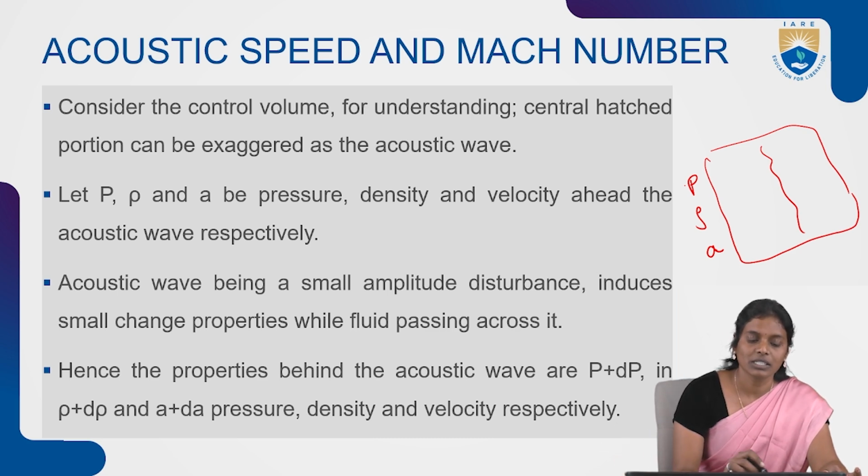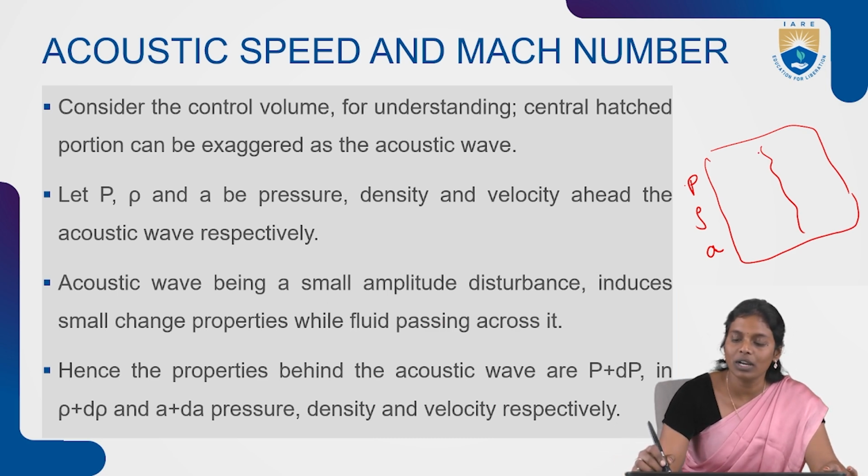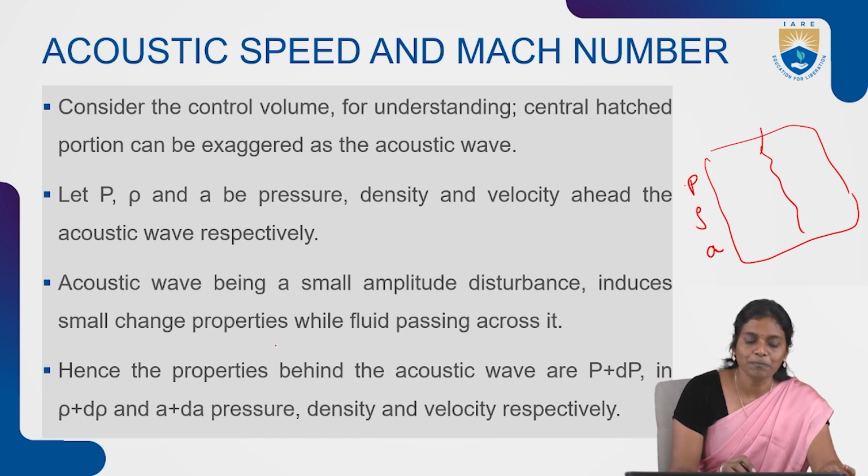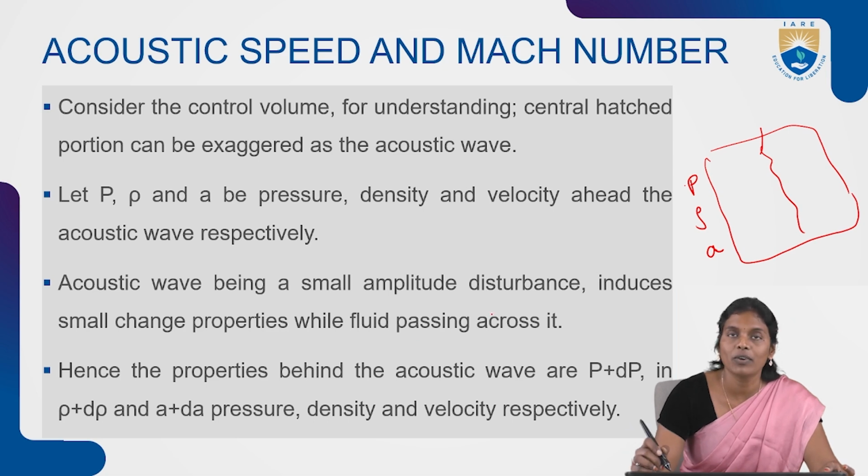So this acoustic wave is a small amplitude disturbance that induces a change in properties while the fluid passes through it. The acoustic wave is stationary and the fluid passes through it, so there will be a smaller change in the properties.